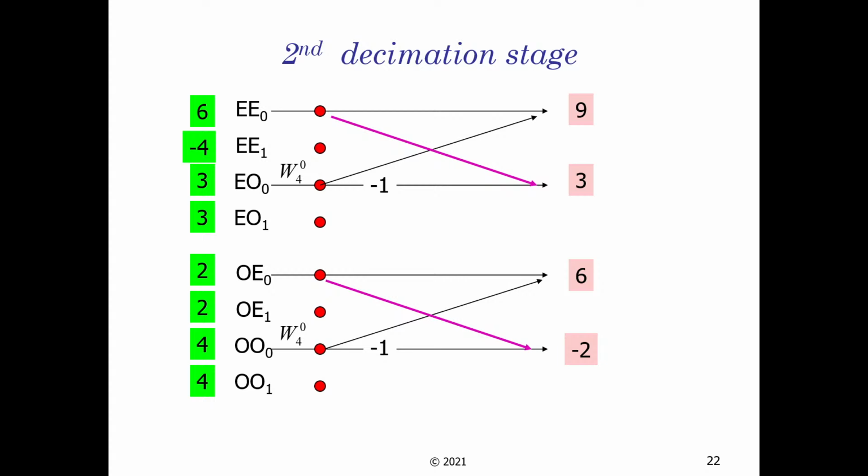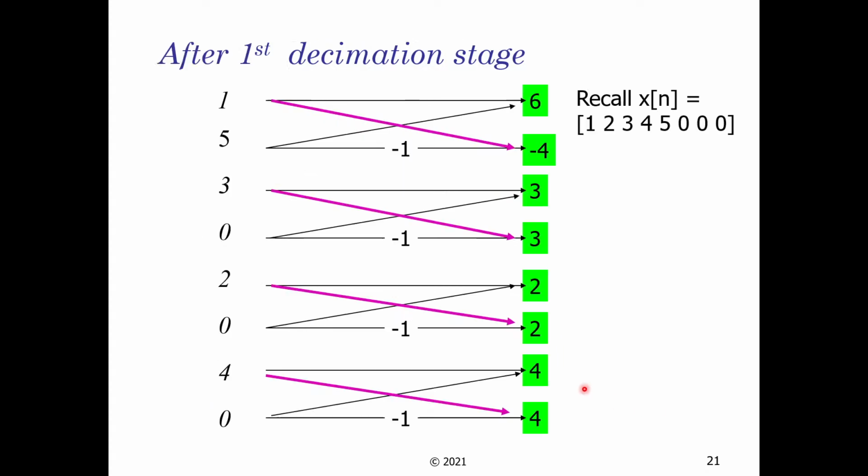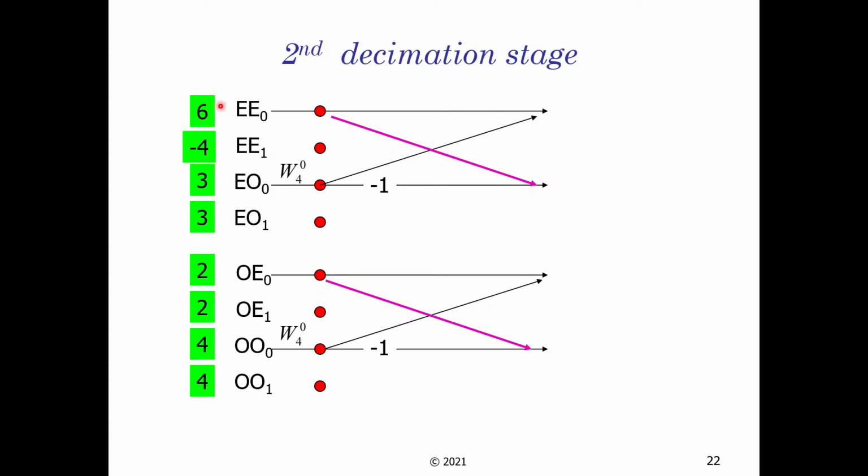So let me continue the explanation here in particular. When we completed our first decimation stage and obtained our output, it was possible for us to use the output of the first decimation stage as the input towards our second decimation stage.